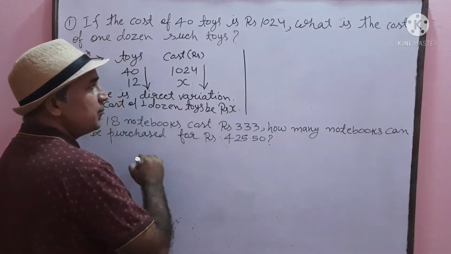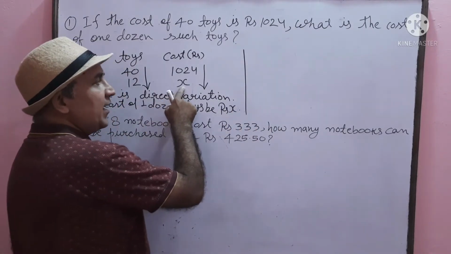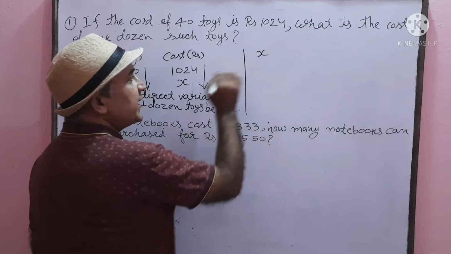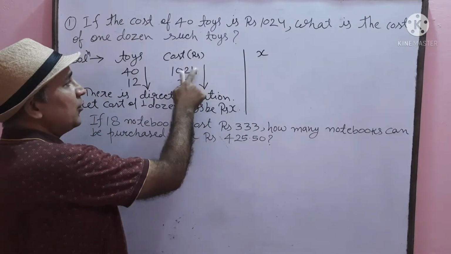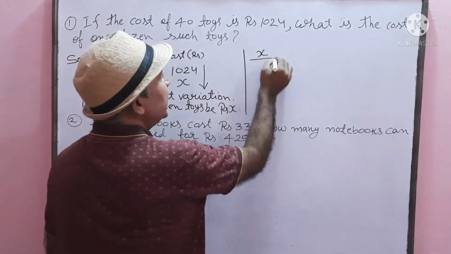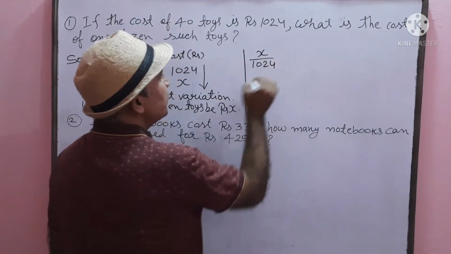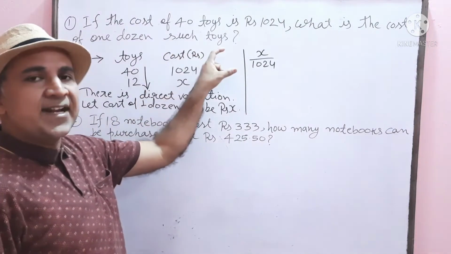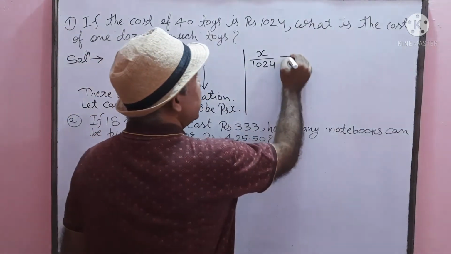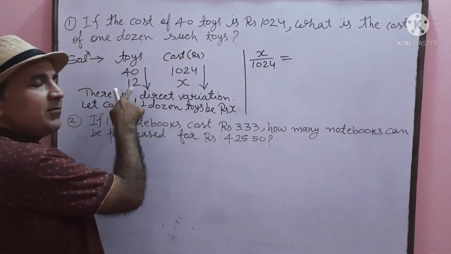So see children, the number in the direction of the arrow, make it the numerator, and the number on the tail side of the arrow, make it the denominator. That means X upon 1024. This is the writing method. This is equal to, the same we will do here.